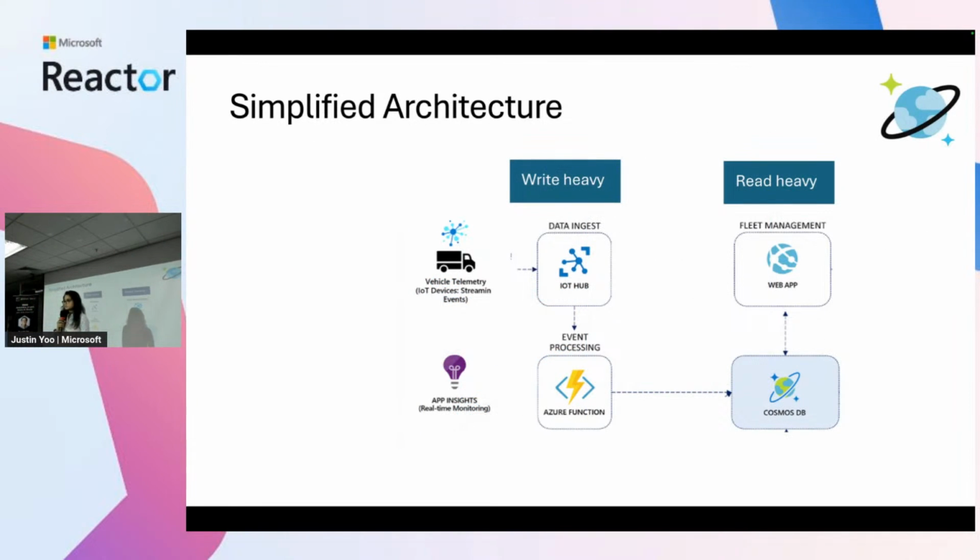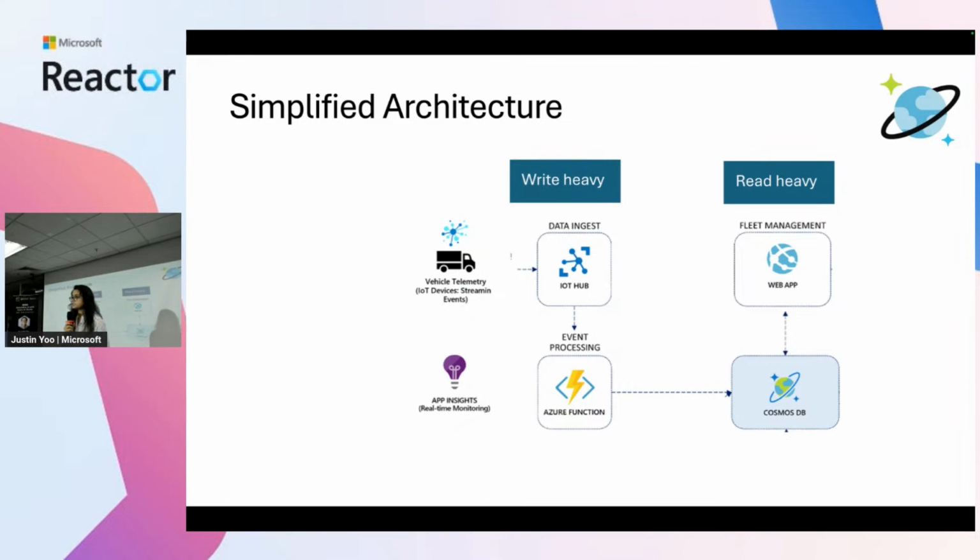To make this talk a little simpler, we'll take a real world example of a logistics application called Contoso Logistics. The architecture could simply look like this. We'll talk about two scenarios. First is the write heavy scenario.